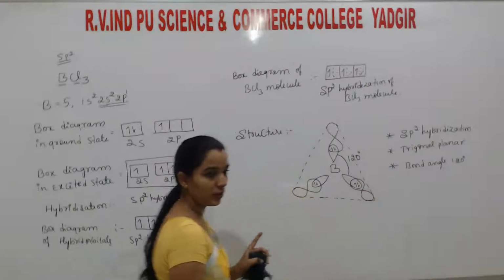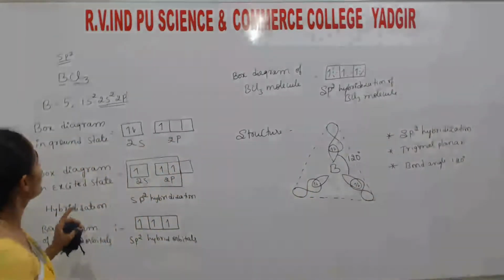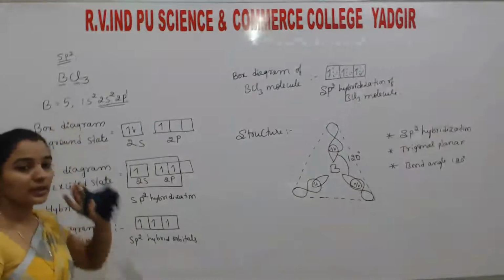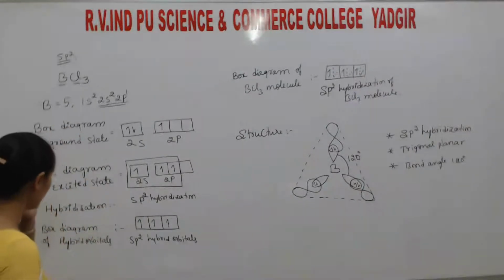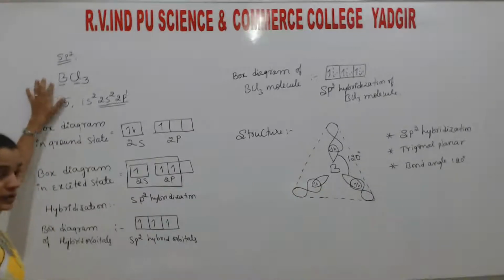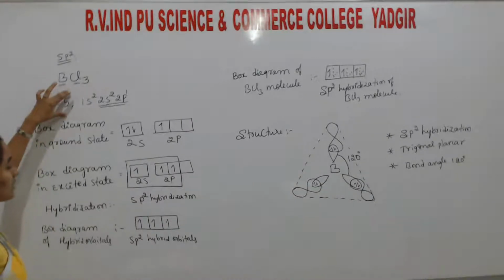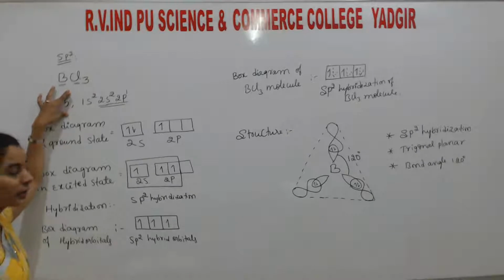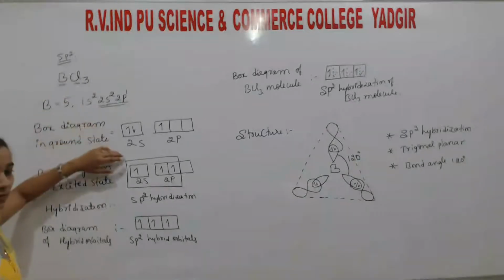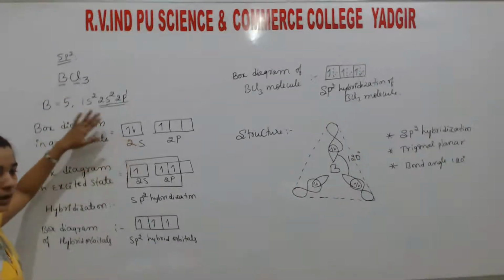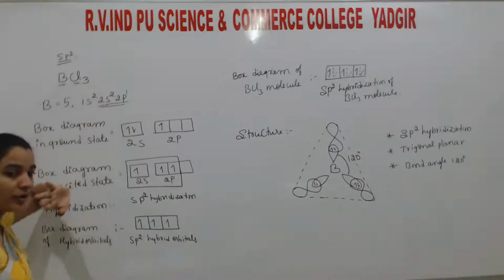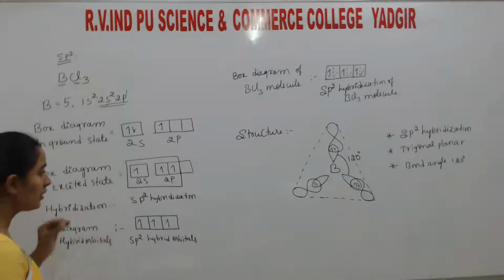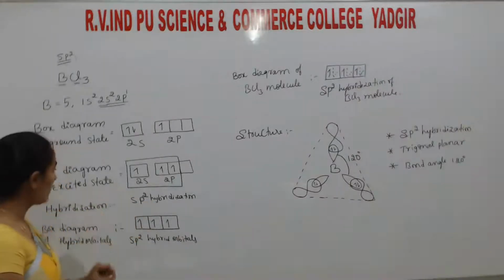So this is about the sp2 hybridization of the BCl3 molecule. What is the process here? We need to select the central metal atom, write its electronic configuration, and the box diagram for that, then compare the unpaired electrons and the bonds. If they are equal, then there is no need for excitation. If they are not equal, then we need to excite the electron.